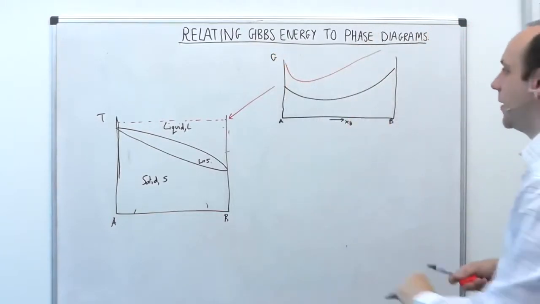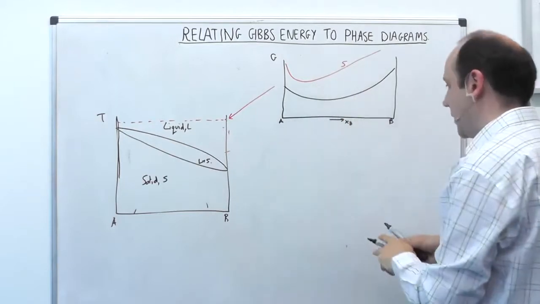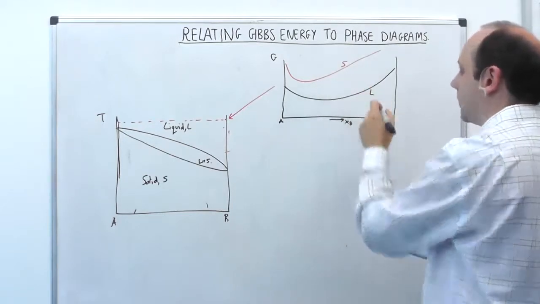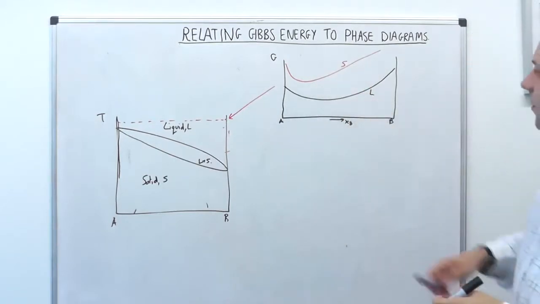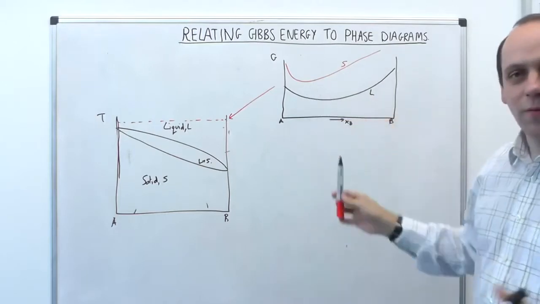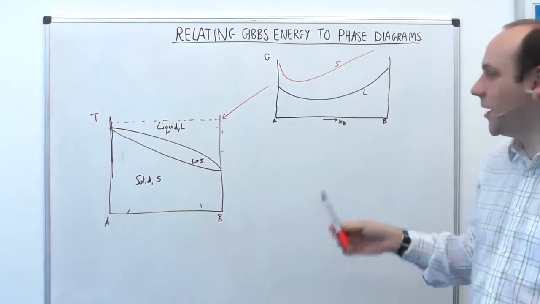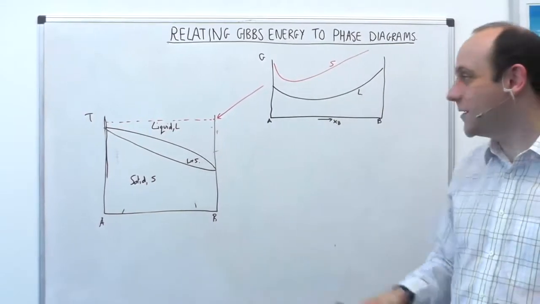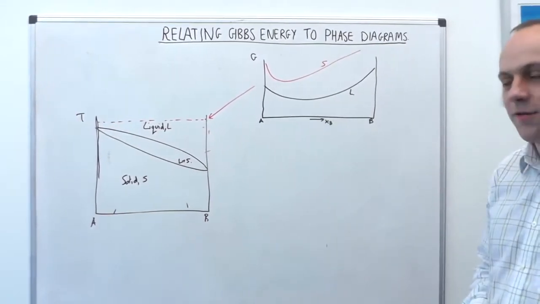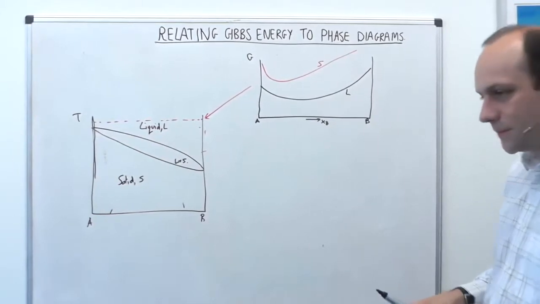That's our solid, and that's our liquid. We don't have more than one minimum, so we don't have any phase separation of the liquid. That could happen, but it doesn't in this particular phase diagram. So that's what the Gibbs energy curves will look like, schematically.